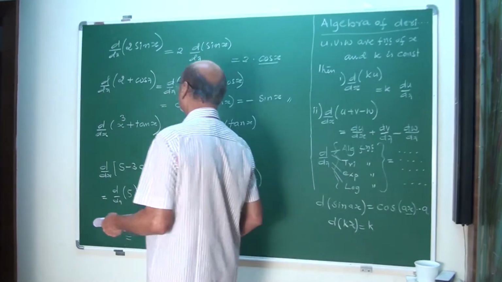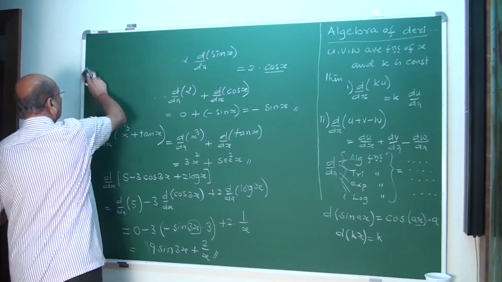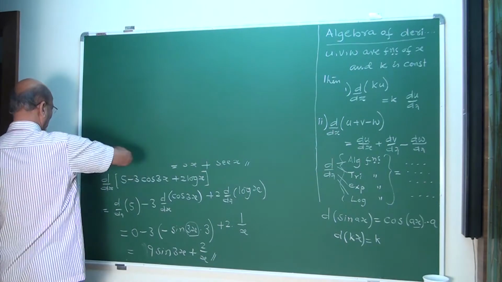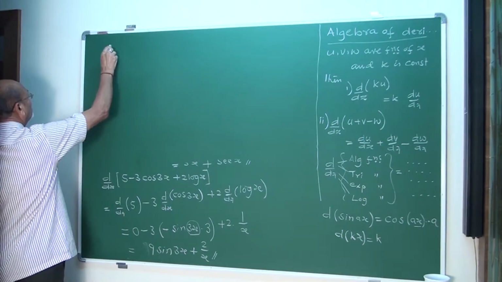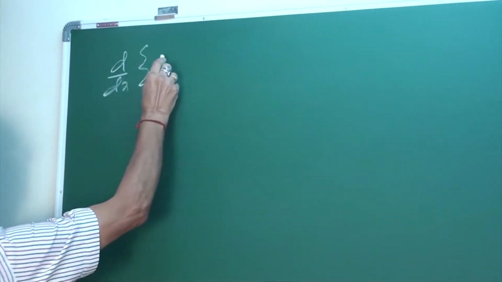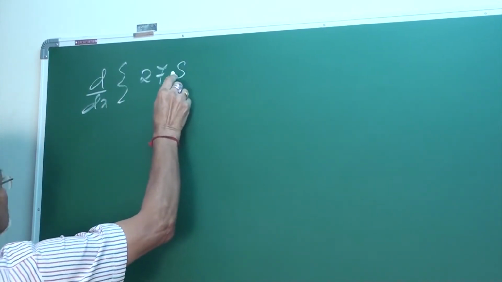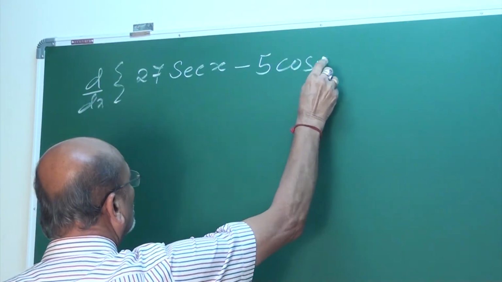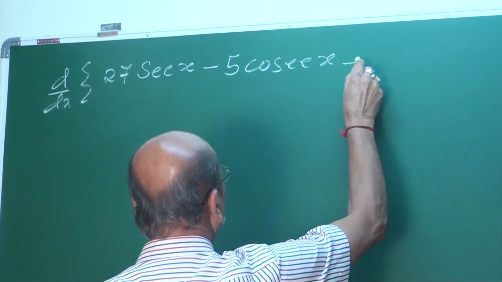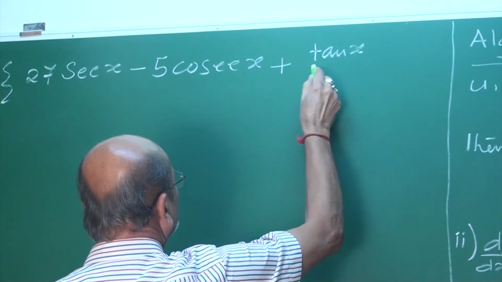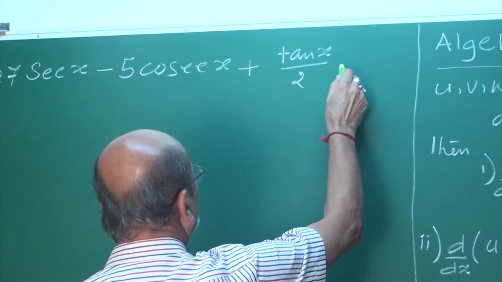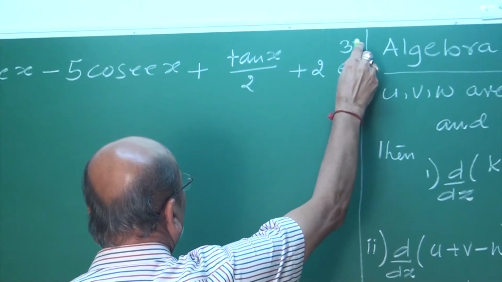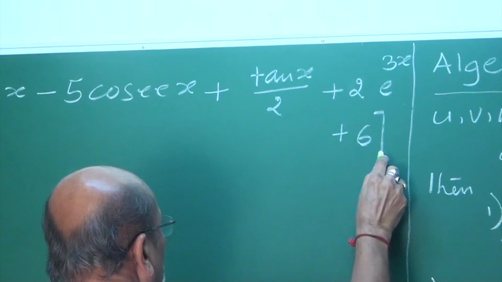Next one, d by dx of 27 sec x minus 5 cosec x plus tan x by 2 plus 2 into e to the power 3x plus 6, my friend, plus 6.